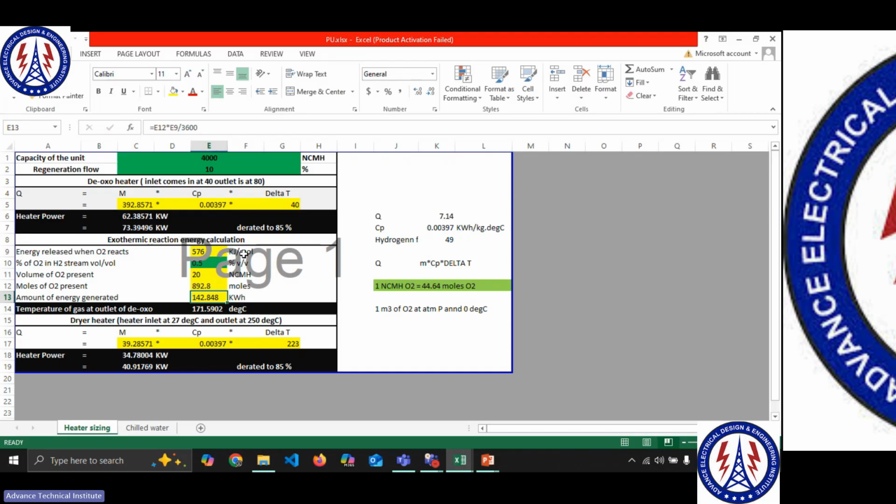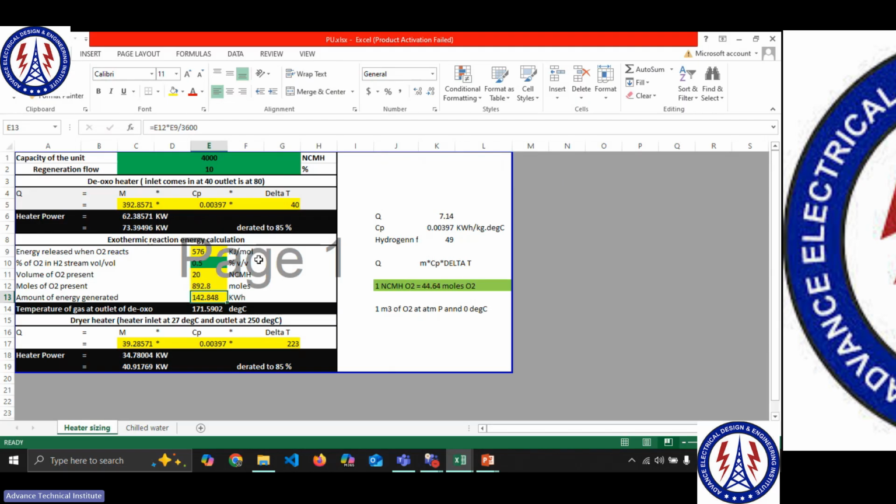Kilojoule per second is kilowatt. And we are discussing the kilowatt hour.